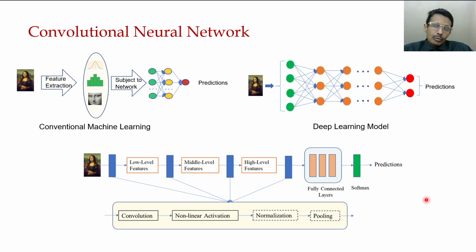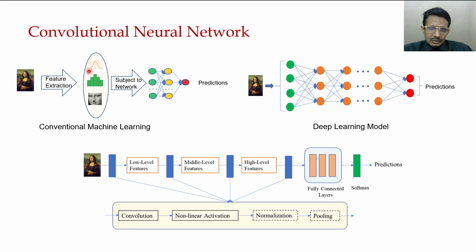As we have seen before, there is a certain difference between the conventional machine learning approach and the deep learning approach for a classification task. In the conventional machine learning approach, there is an image and some manual feature extraction, sometimes called feature engineering. There may be geometrical features, statistical features, or some patterns or object-like features.